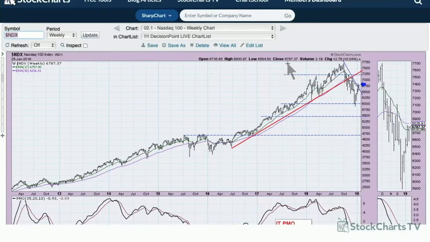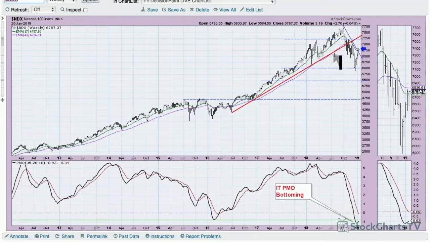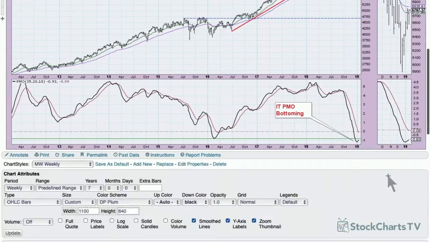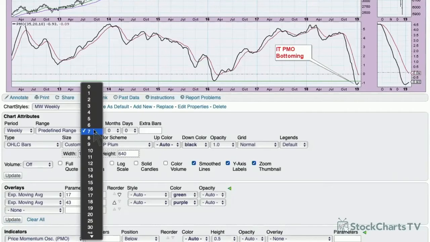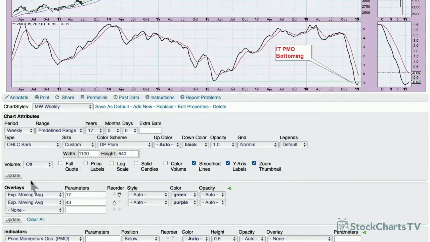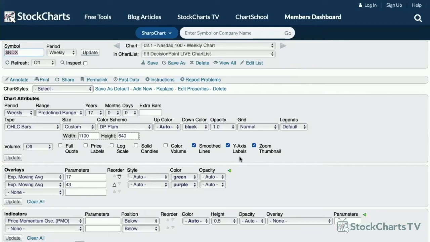NASDAQ weekly chart. And here we go. You can see the breakout above that declining tops trend line. You can also see the PMO bottoming in very oversold territory right now on the NASDAQ 100. Well, oversold compared to what we've seen in the past seven years. Because if we took this out, I think you'll see that it's not as oversold as it might look.